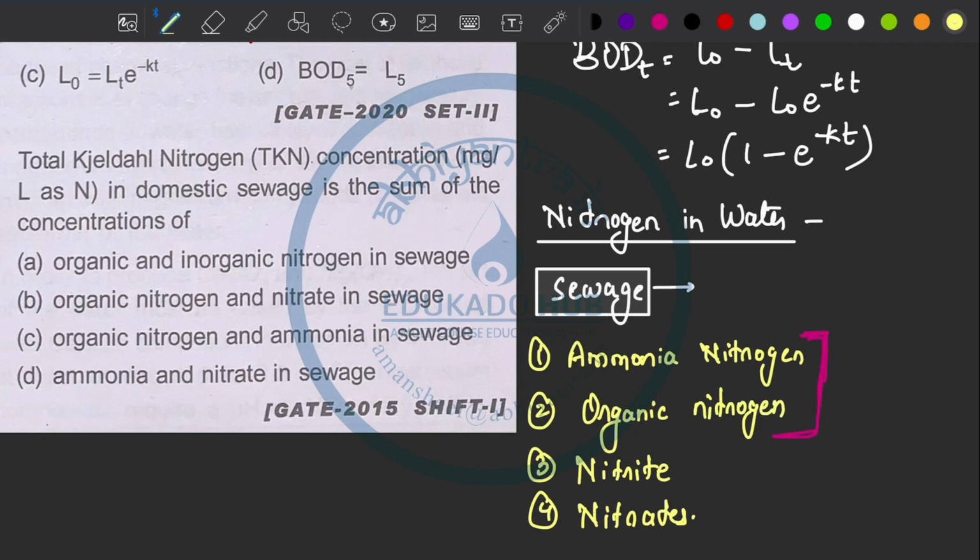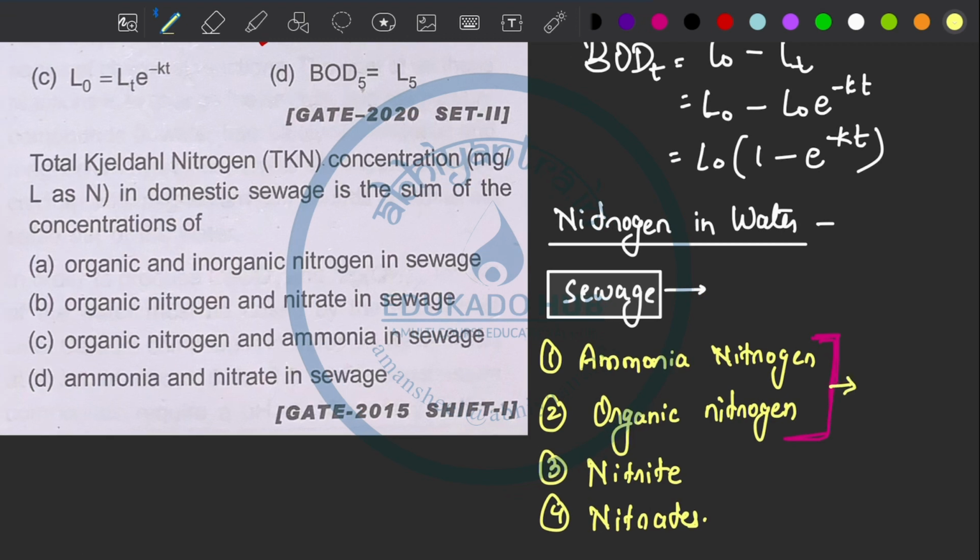Ammonia nitrogen and organic nitrogen in total are known as total Kjeldahl nitrogen. So the correct option is organic nitrogen and ammonia in sewage, option number C.